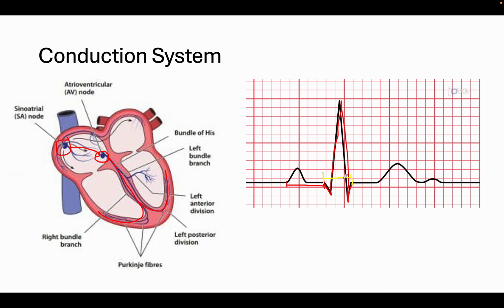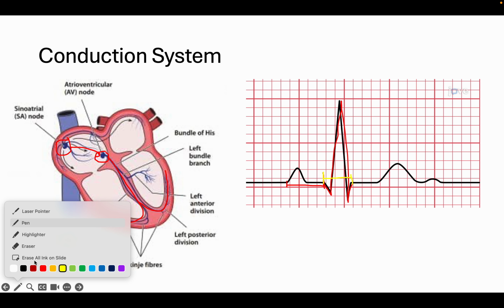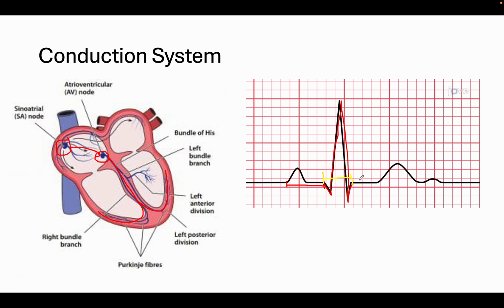If it's bigger than 3 small boxes, we call that a bundle branch block, which we'll look into later.